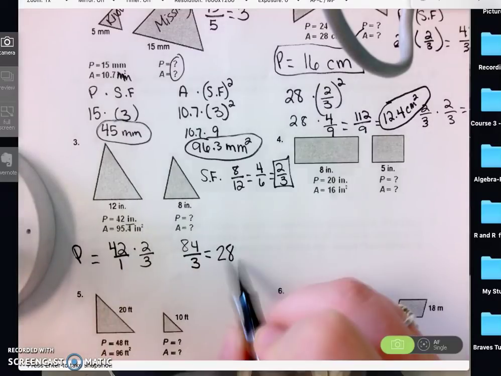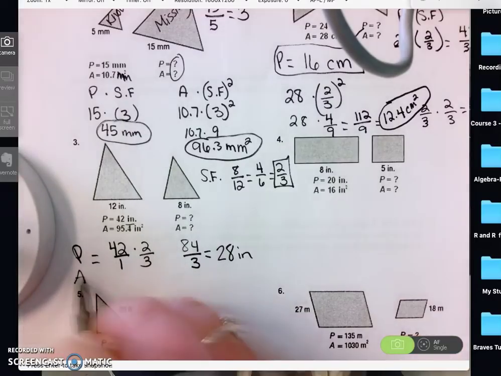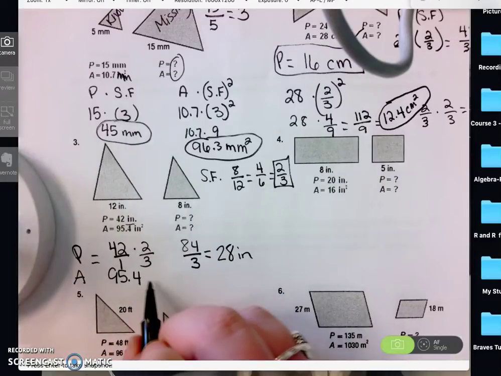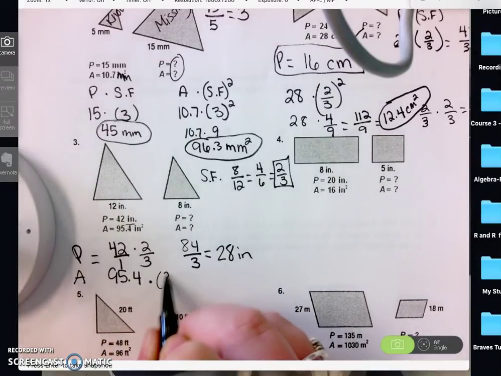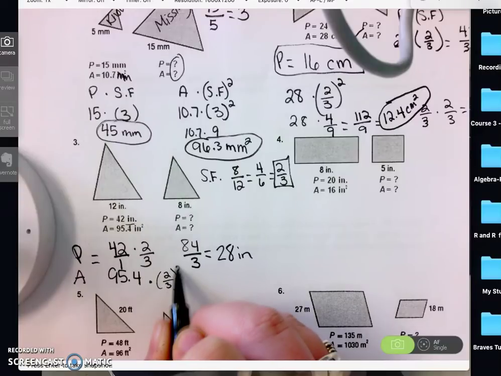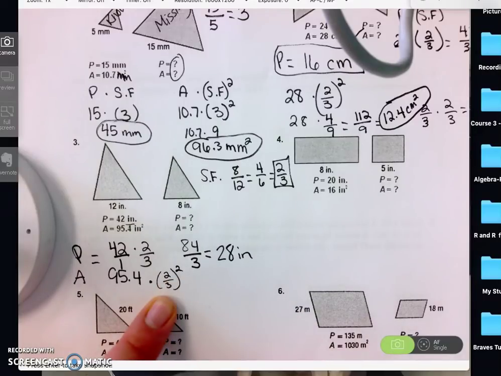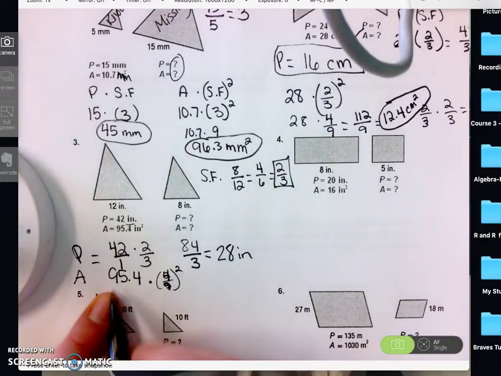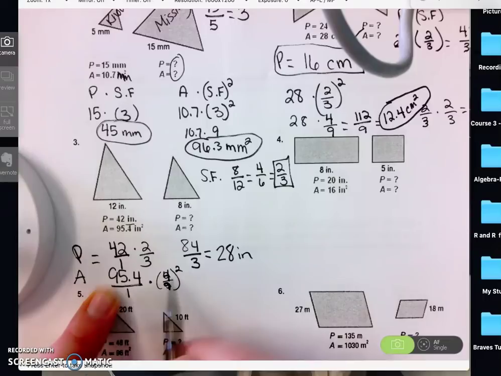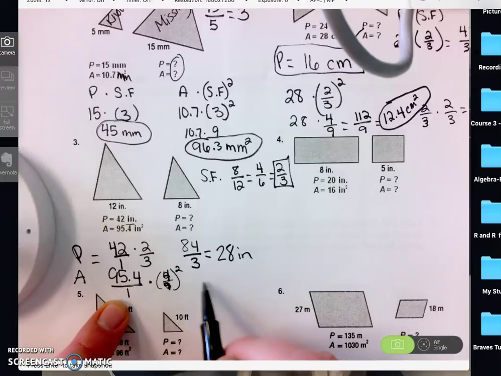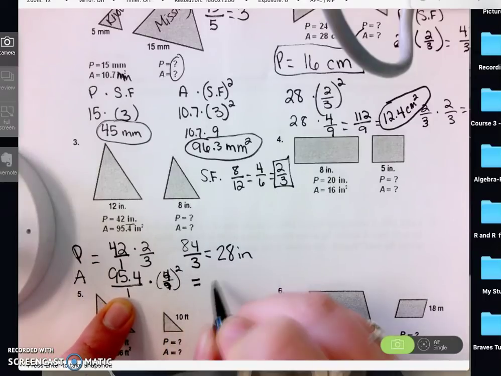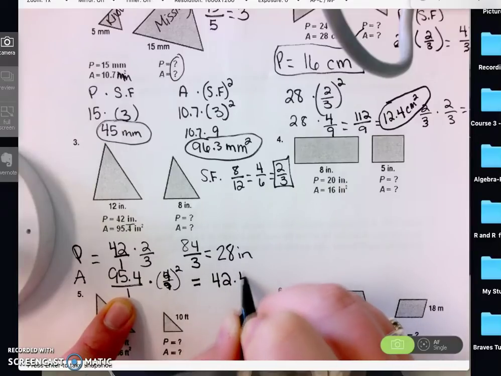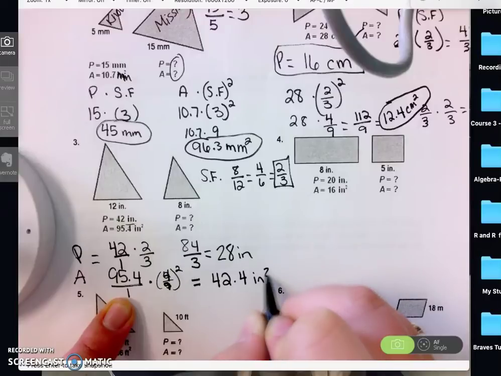Don't forget to label. And then to find the area, you take that 95.4, multiply it by 2/3 squared, or 2/3 times 2/3, which is 4/9. Take this number times this, and then divide it by the 9. So if we put this in a calculator, 42.4 square inches.